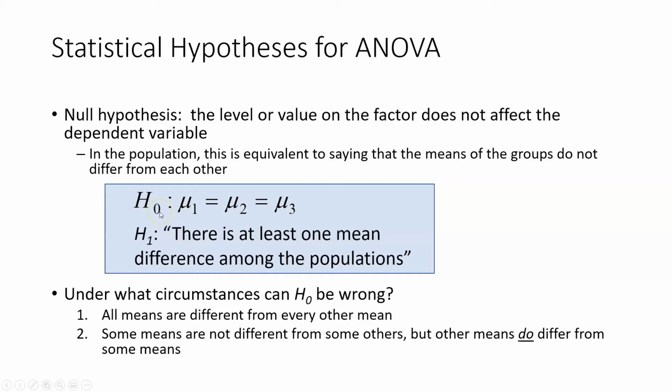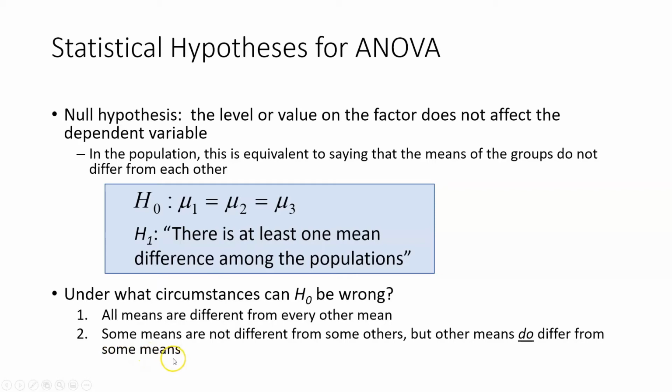But the alternative hypothesis can't be written in a statistical notation with these symbols like we've been doing, because there are too many ways in which the null hypothesis can be violated. Look down here. Under what circumstances can the null be wrong? Well, it could be if all the means are different from every other mean, or it could be if some of the means are not different from some of the others, but other means do differ from some means.